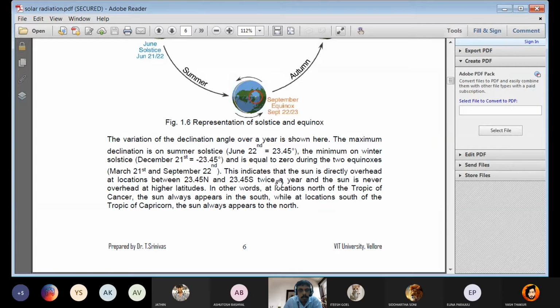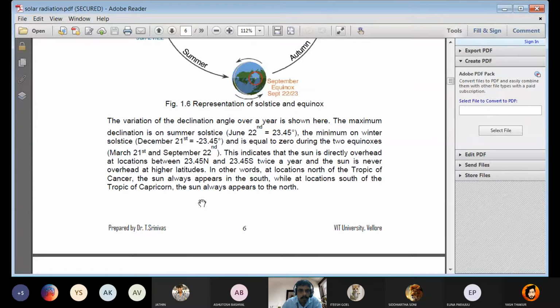Above and below this, towards the polar regions, the sun will never appear overhead, being far away. So in those locations the solar radiation will be apparently low. We know that the Arctic region is full of ice. Why? Different climate, because availability of solar radiation is very less.